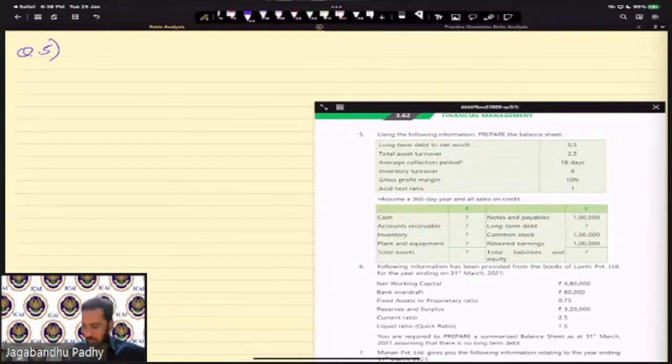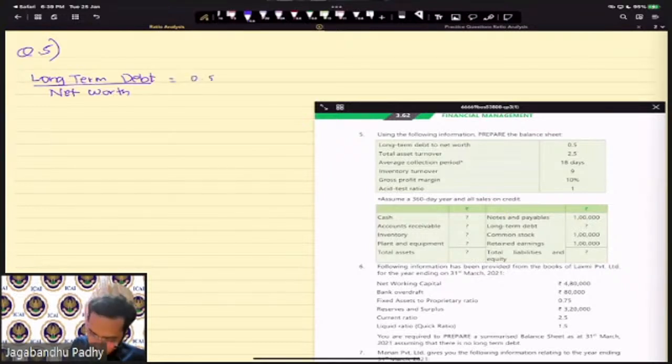The first ratio that we have is long-term debt to net worth. Long-term debt to net worth is 0.5. But over here, I don't know what the long-term debt is.